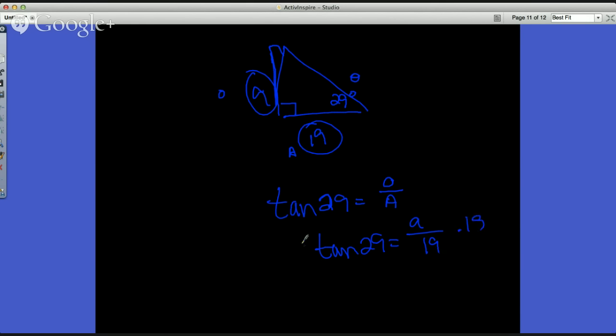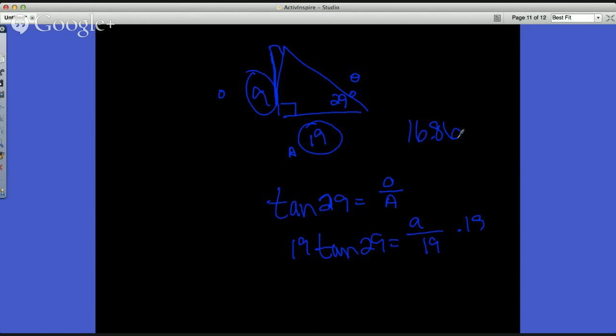So if I were to multiply by 19 on both sides, I could take 19 tangent of 29, set myself up pretty good. So here we go, 19 tan 29. I get 16.86. Now, what's the problem with that? Well, let's check my mode real quick, because I noticed that my mode's back on radians.